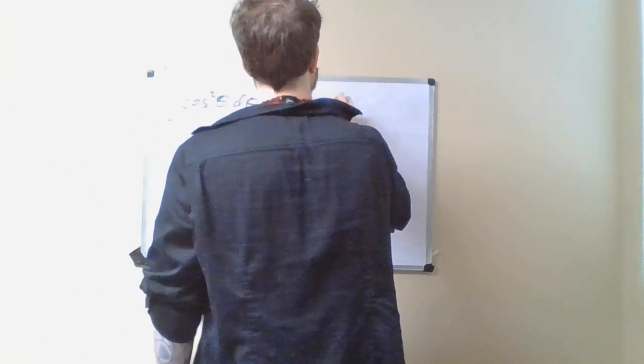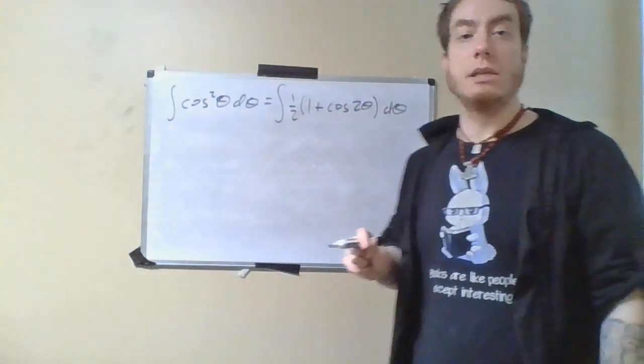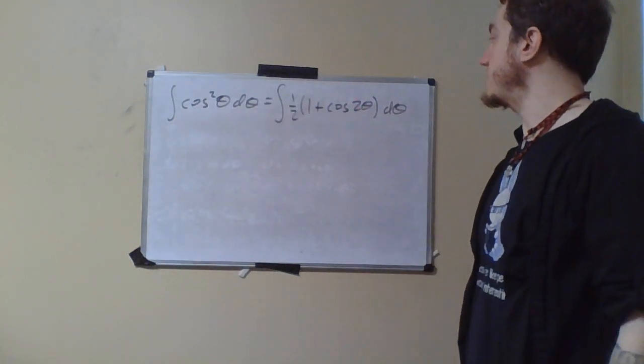Let me make sure I write this correctly. 1/2 times 1 plus the cosine of 2 theta. So, by using this identity, I've managed to get rid of the squaring.